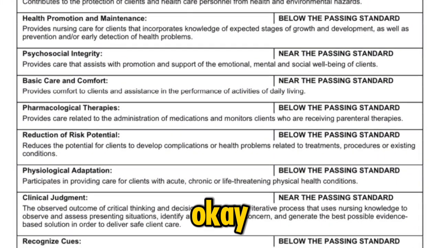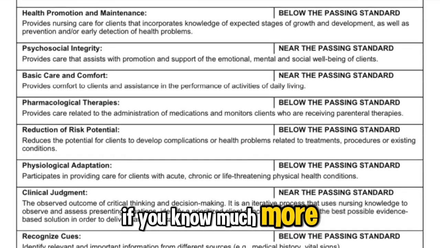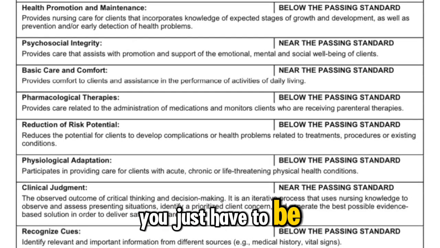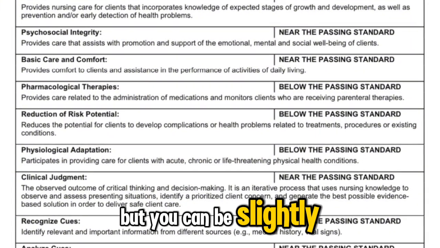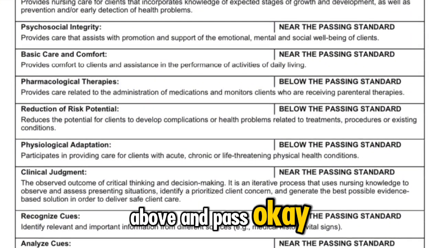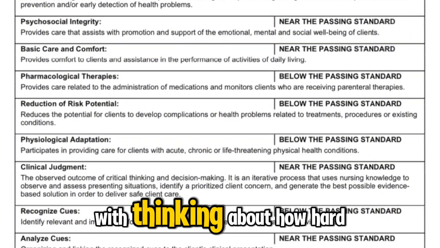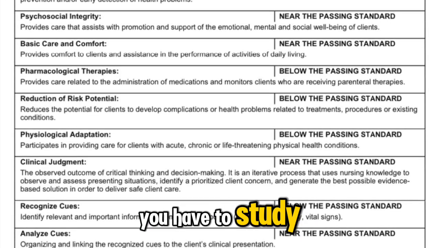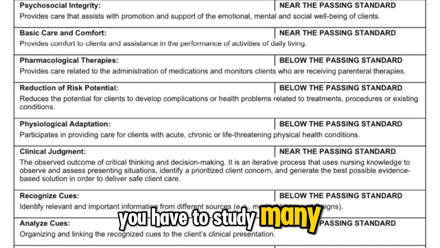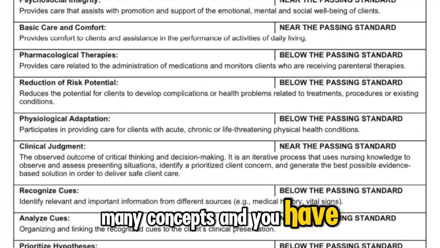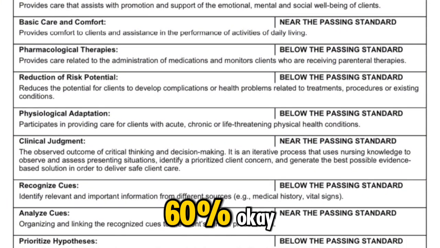Okay. They don't even really care if you know much more than that. All right. You just have to be at the passing standard, or be above, but you can be slightly above and pass. Okay. So I hope that helps with thinking about how hard you have to study versus how wide you have to study. You have to study many, many concepts, and you have to get them at about 60%.